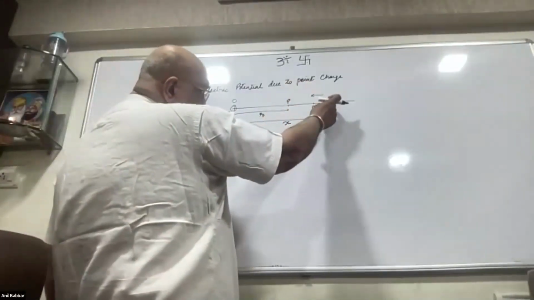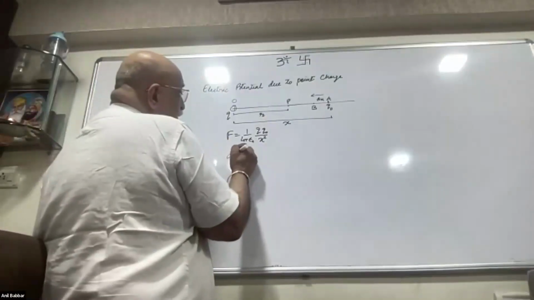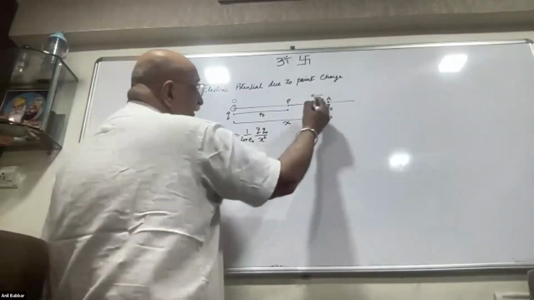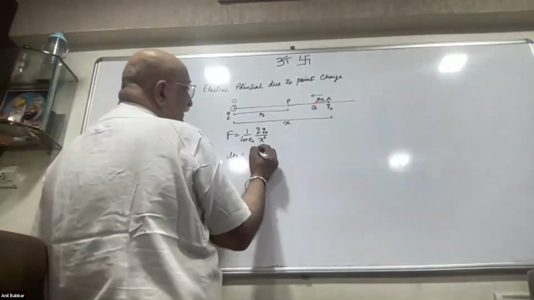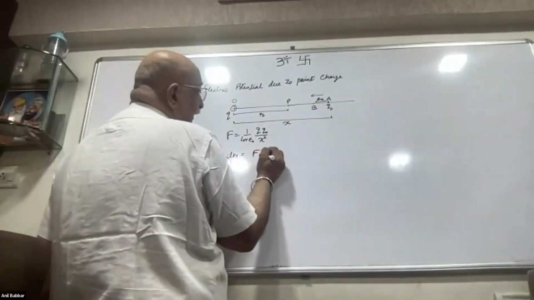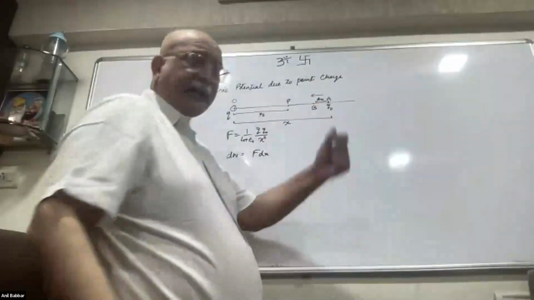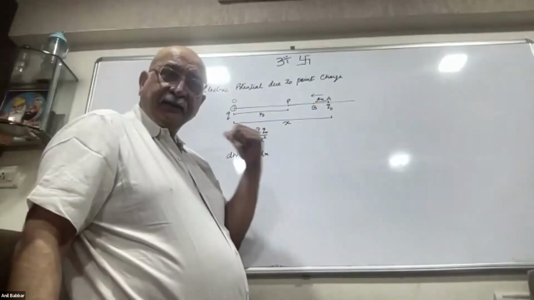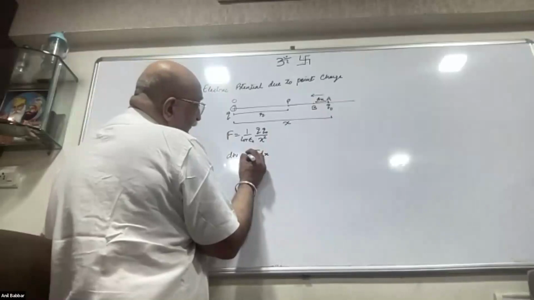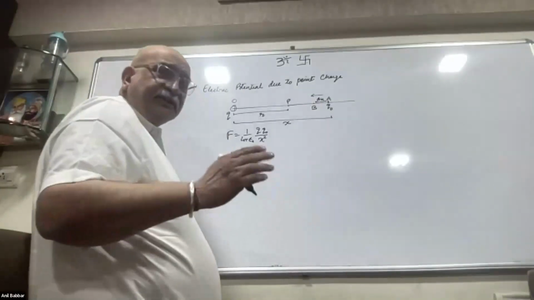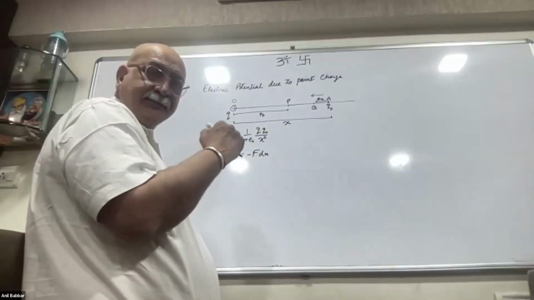This charge moves a small distance dx, and a small amount of work is done to move it from A to B. This work done will be F dx. Since this is moving against the electrostatic force, we put a sign of minus, which denotes that its direction is opposite to the force acting on it.